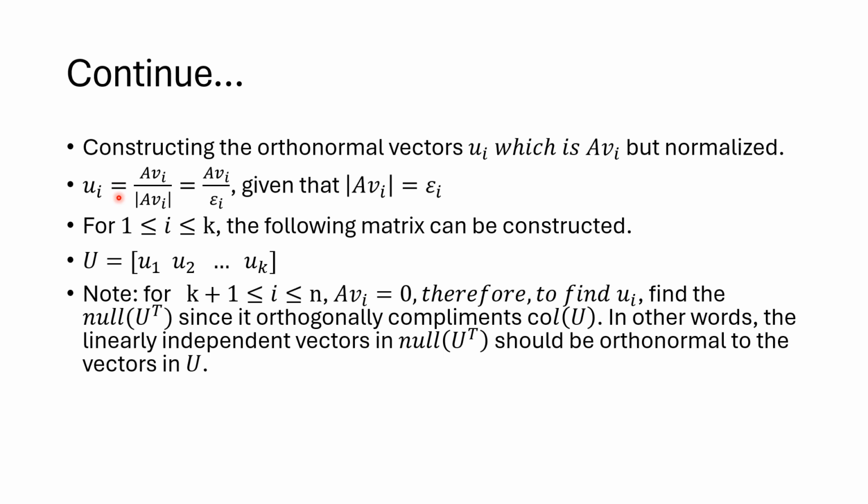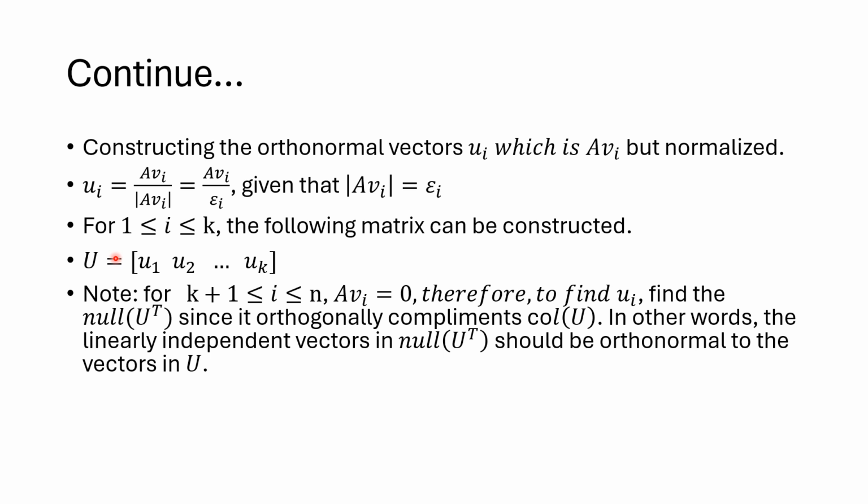And if we wanted to find u within this range, then what we need to do is find vectors that are orthonormal to this set of vectors right here, okay? And how do we specifically do that, right? Because remember, our purpose of creating the matrix U is to create a set of eigenvectors in its columns that are orthonormal to each other, right?